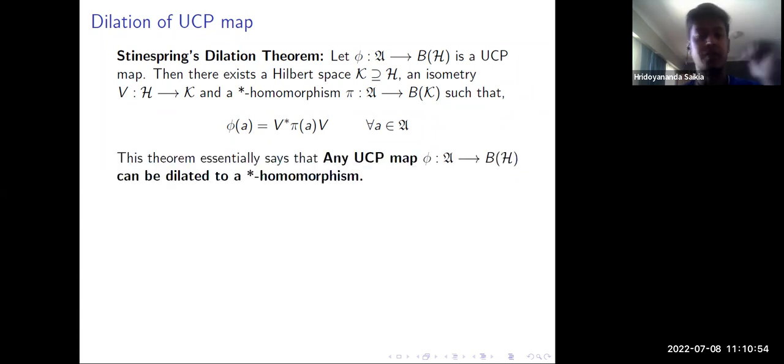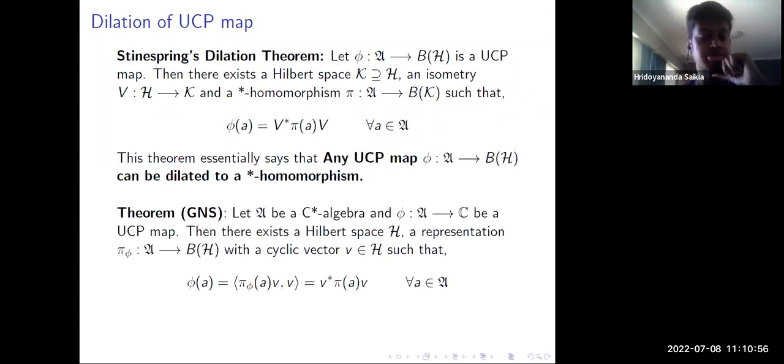So what was the GNS representation theorem? Suppose A is any C-star algebra and phi from A to C is any UCP map. Whenever A is a C-star algebra and the codomain is the complex numbers, UCP maps are the same as states.